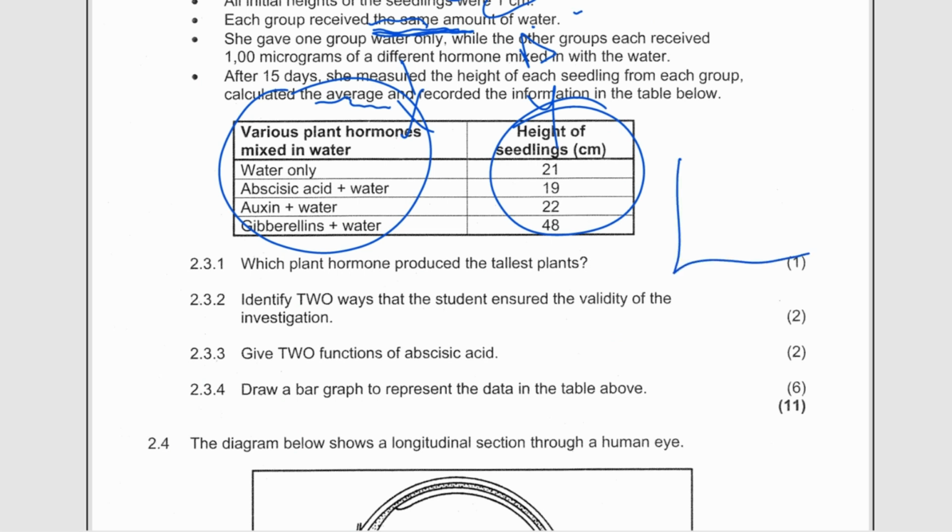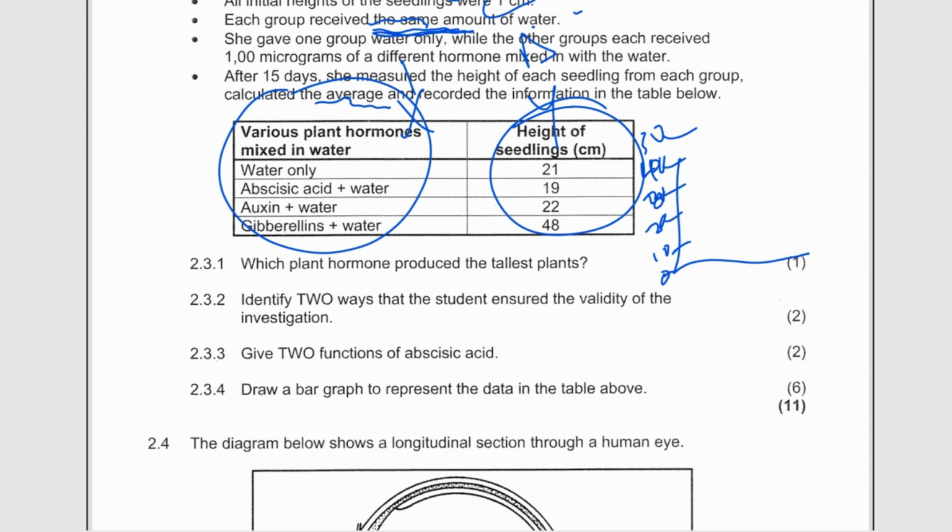Therefore make sure that in the bar graph the scale is the same. The lowest is 19, the highest is 40. So maybe I can say 0, 10, 20, 30, 40, then 50. You'll find out that it goes in.